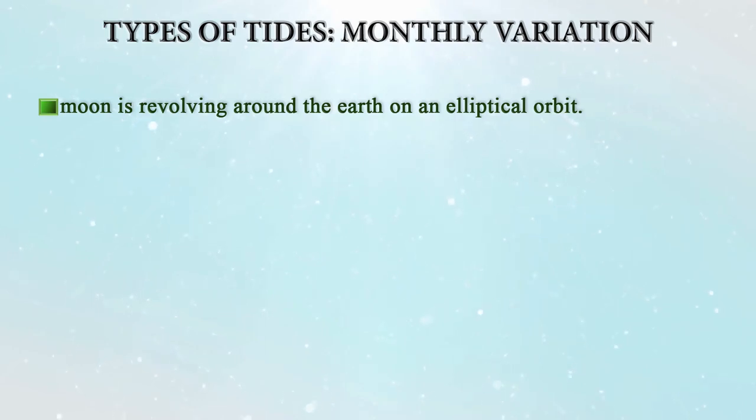Let us continue with the types of tides, with monthly variation of tides. As I told you, the moon is revolving around the earth, and its orbit is not exactly circular, it is an elliptical orbit. An elliptical orbit has one major axis and one minor axis because its radius is not uniform.